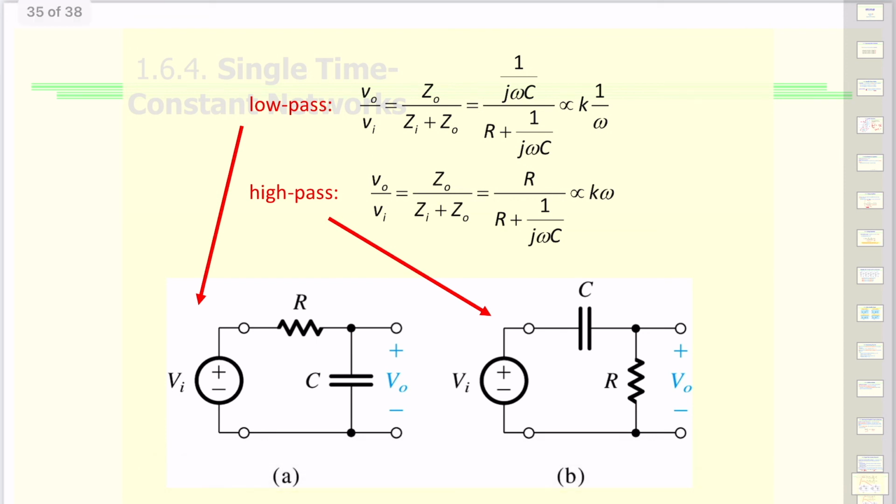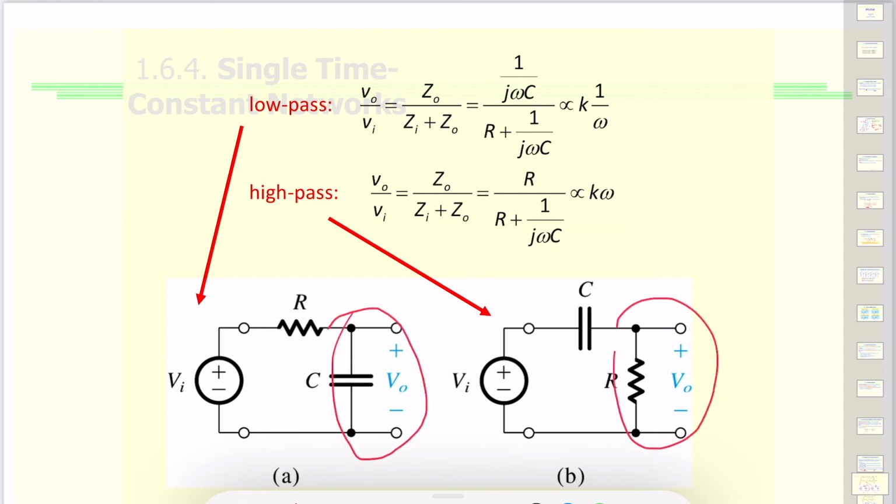So the combination of which part is shown across the load in both cases would result in what gain we get for both cases.